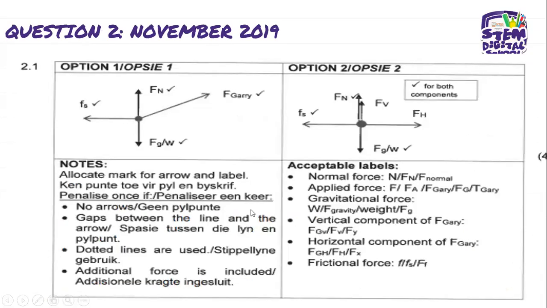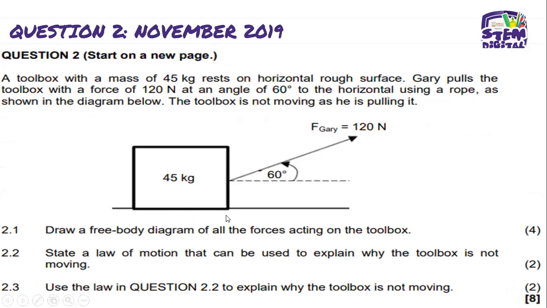Then they ask us, use the law in question 2.2 to explain why the box is not moving. Now think about this. We've already alluded to that, and we are saying it is at rest. They pull it, it still remains at rest. It is because the net force that is acting on it is 0, right?